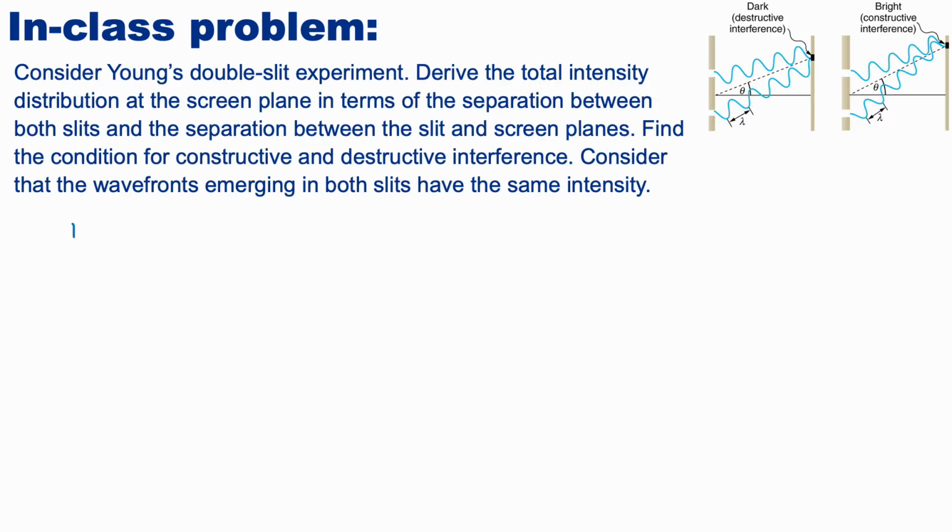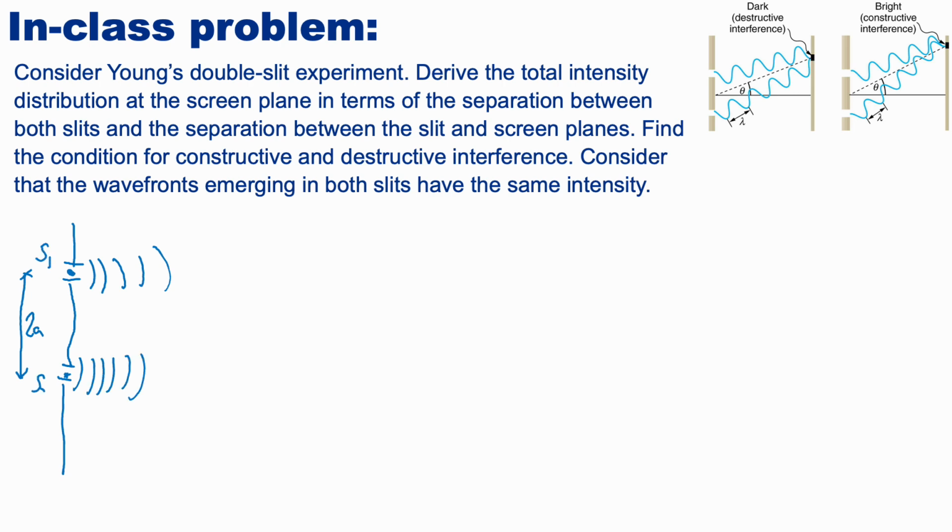So we have here two slits or two holes, right? They are separated by a distance 2a, and they are infinitesimal, so we are creating point sources, and each point source generates a spherical waveform.